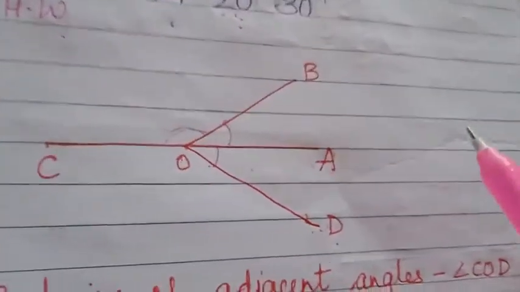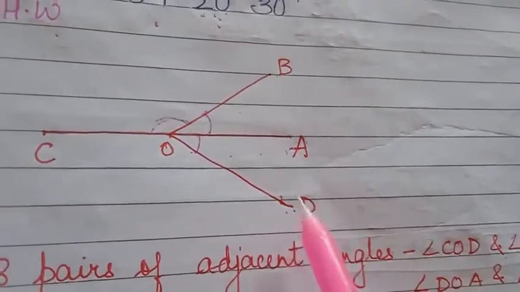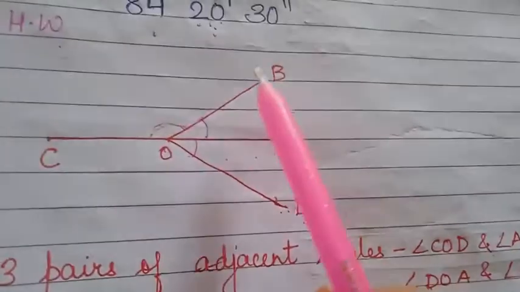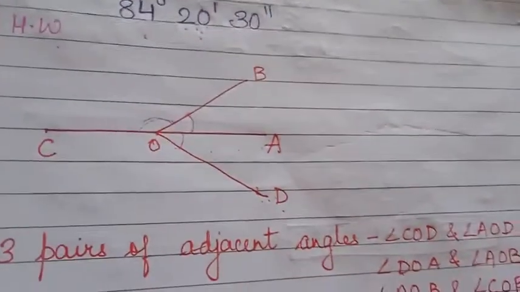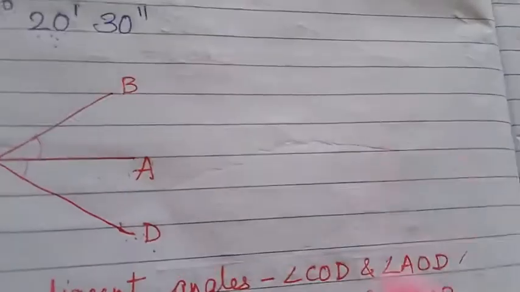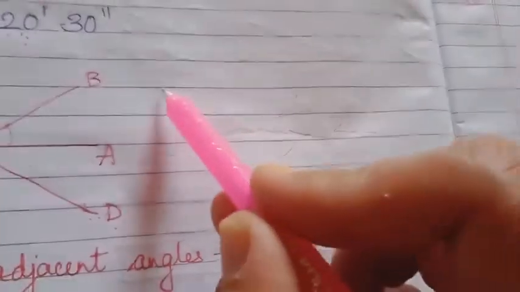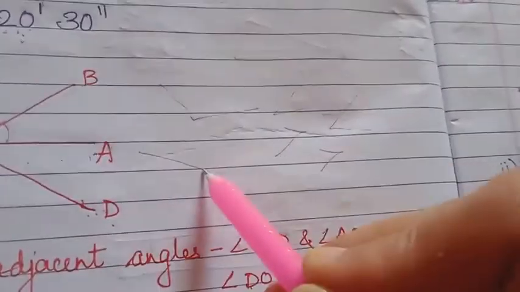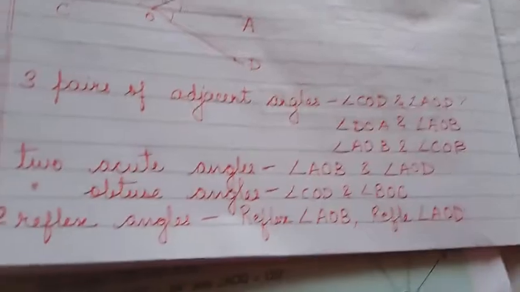Obtuse angles means more than 90 degrees. So angle COD or angle DOC and angle BOC or angle COB are obtuse angles. All the acute angles are this way, and all the obtuse angles have this type of shape.